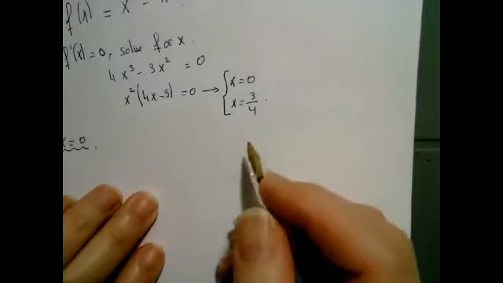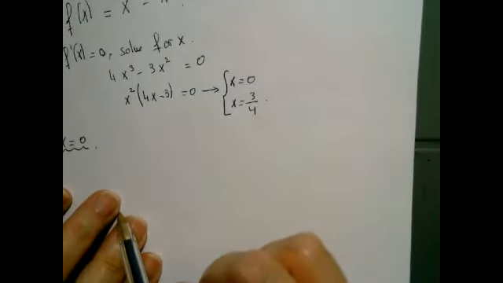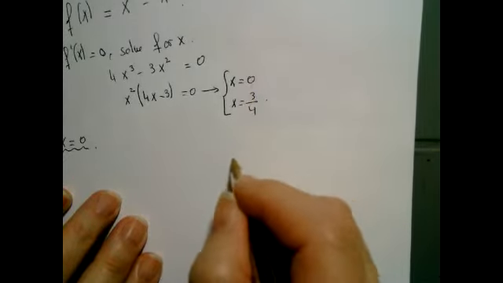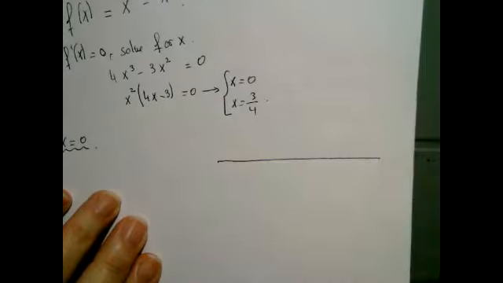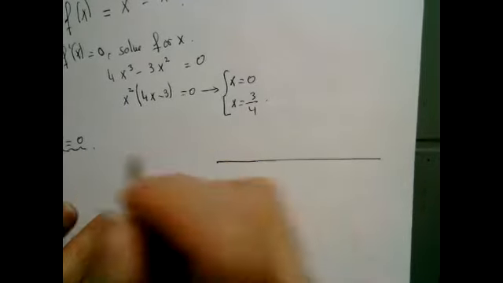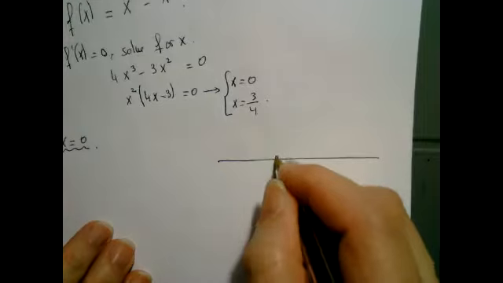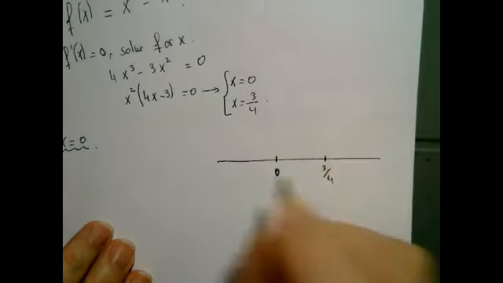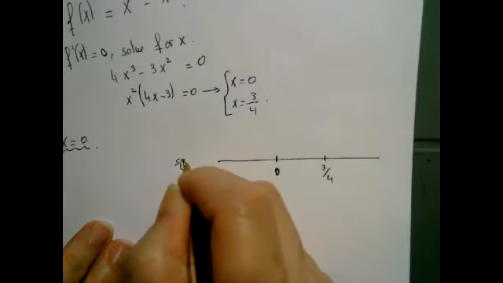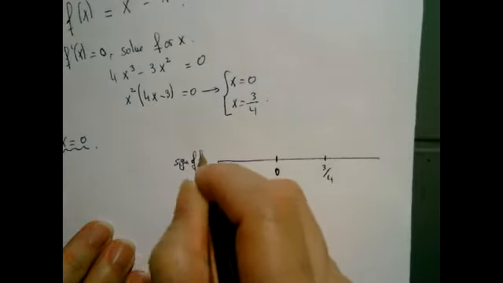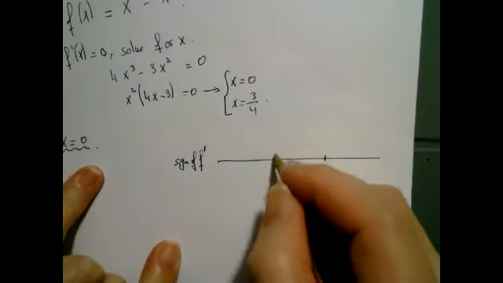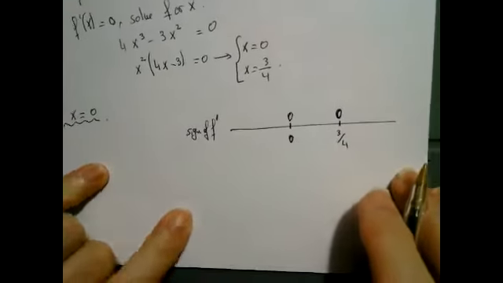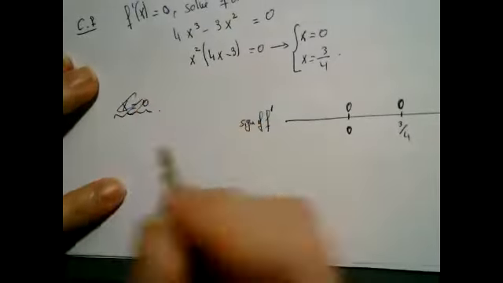All right, so I can either do them one by one, or like what I did before, I will study the sign of the derivative. So actually, I'm going to just study the sign of the derivative once and for all. So sign of f prime. Okay, now it is 0 here, and it is 0 here.